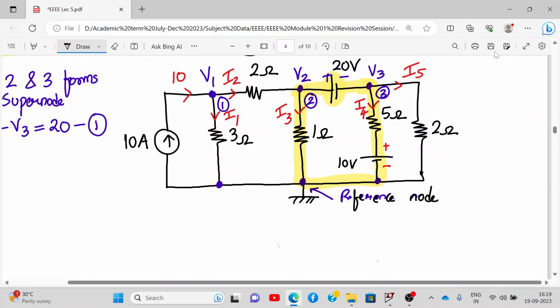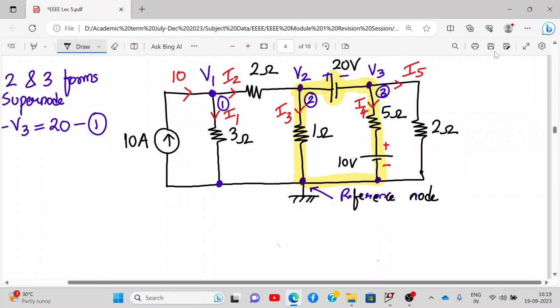All right. And now let's write down the KCL equation at the supernode. So KCL at supernode gives the following. The supernodes are V2 and V3. Treat them as one node only. So we have incoming current I2.